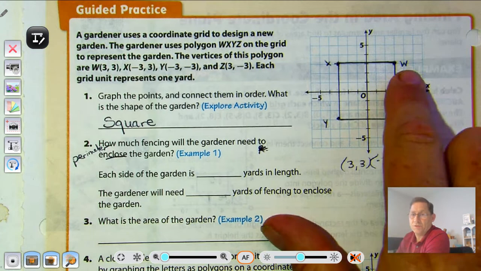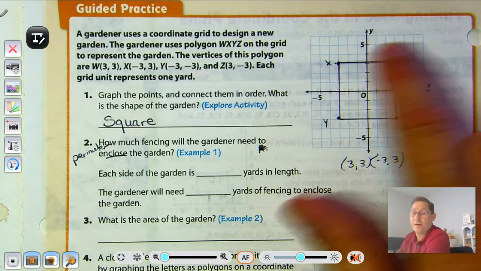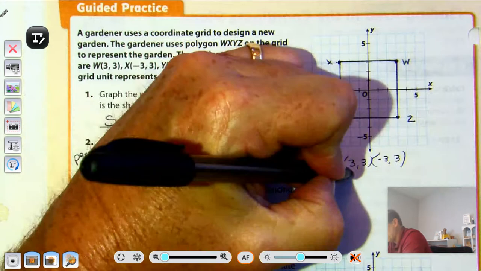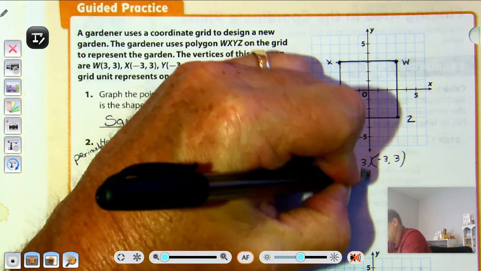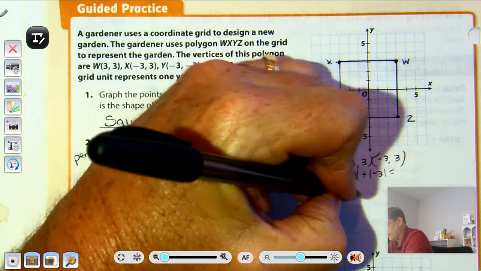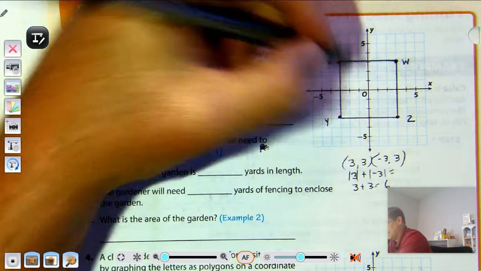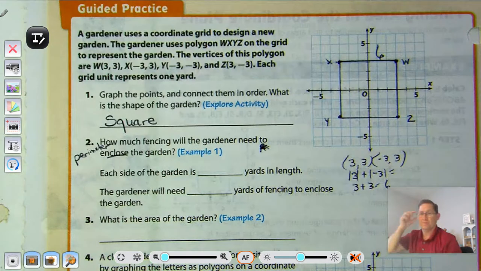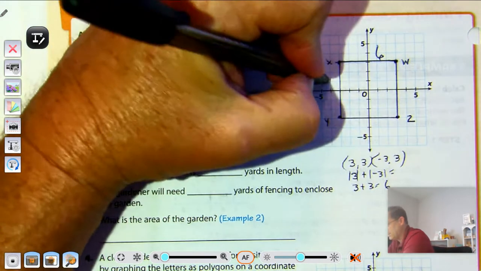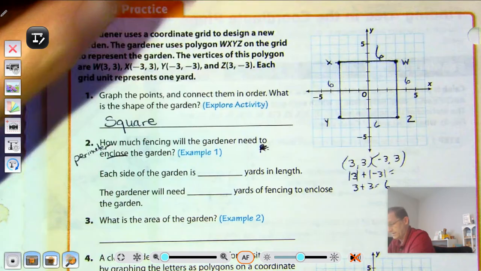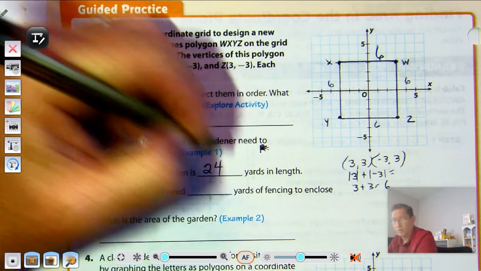Okay, so W and X are in different quadrants, so we're going to add the absolute values of 3 and negative 3. So 6. So all sides are 6, and 6 times 4 would be 24 yards.